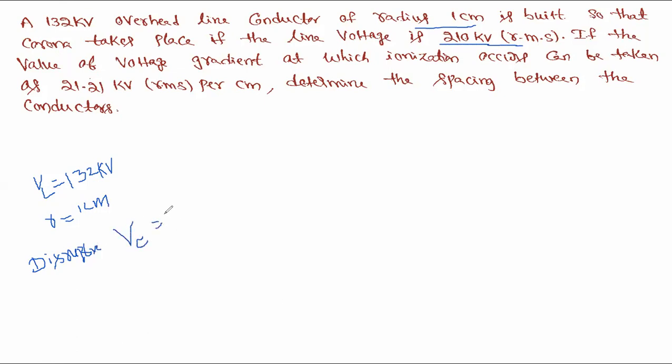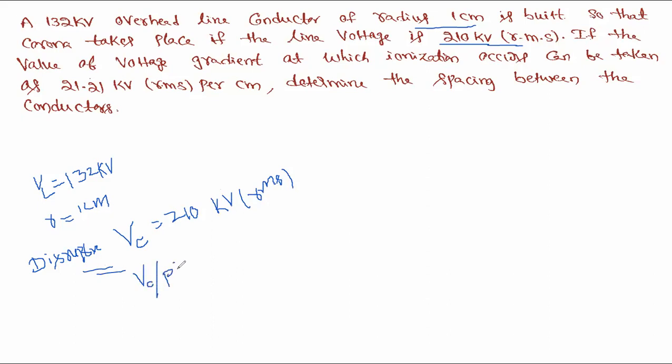They have directly given 210 kV, that is the line value, 210 kV RMS value. But we require the disruptive critical voltage per phase, VC per phase.